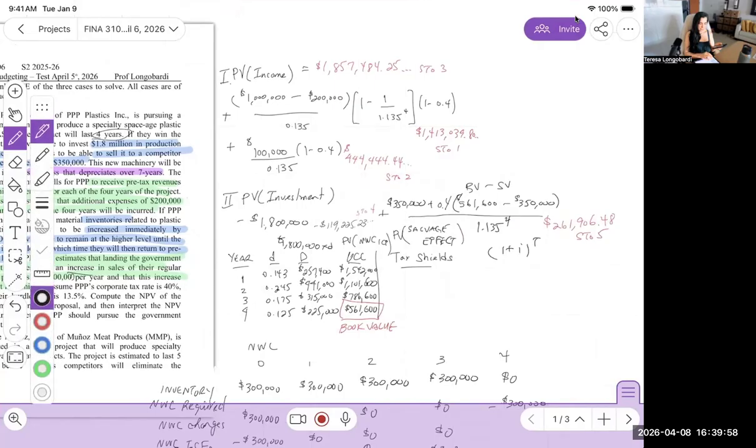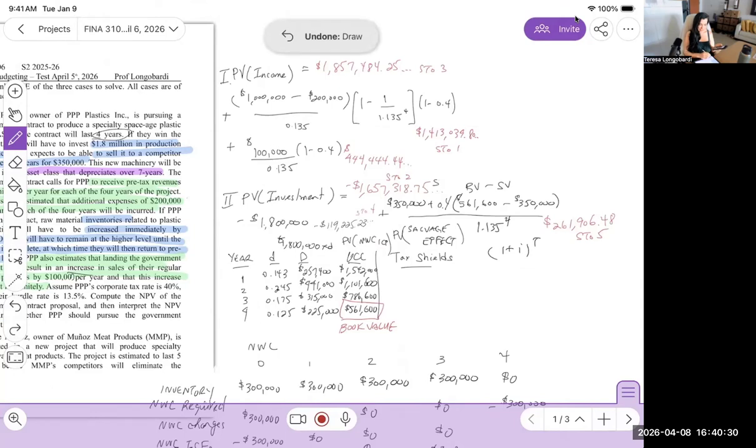So investment is going to be negative 1657318.75. And I've stored all the decimal places, so if you don't do that, you might be off. If you're a little bit off, I don't care too much, but do your best to do what I do. So this is, in red, store 6.